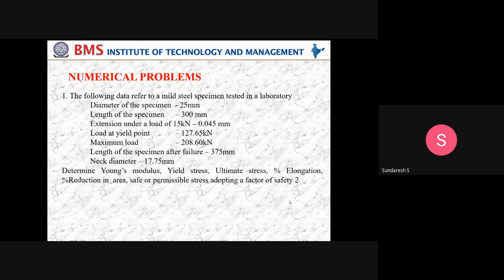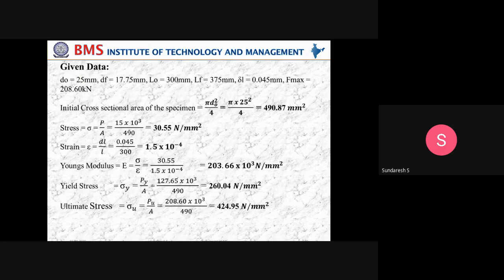Let us start with the diameter of the specimen. This is the initial or original diameter, which we generally take as d suffix i, or d suffix o. The original diameter d o is 25 millimeter. The final diameter d f is 17.75 millimeter. Original length is 300 millimeter.